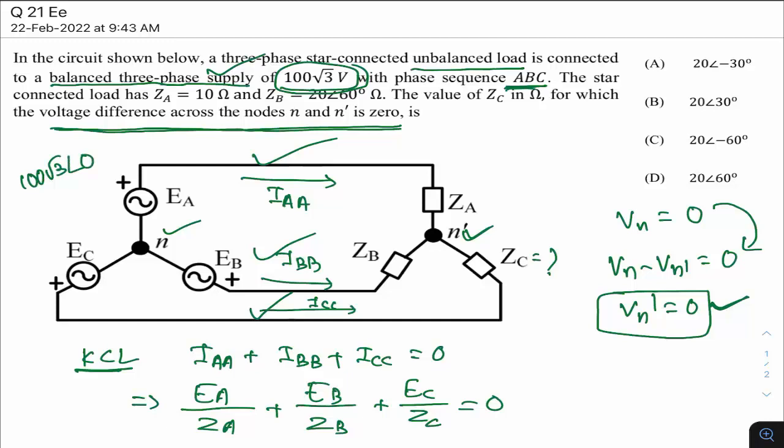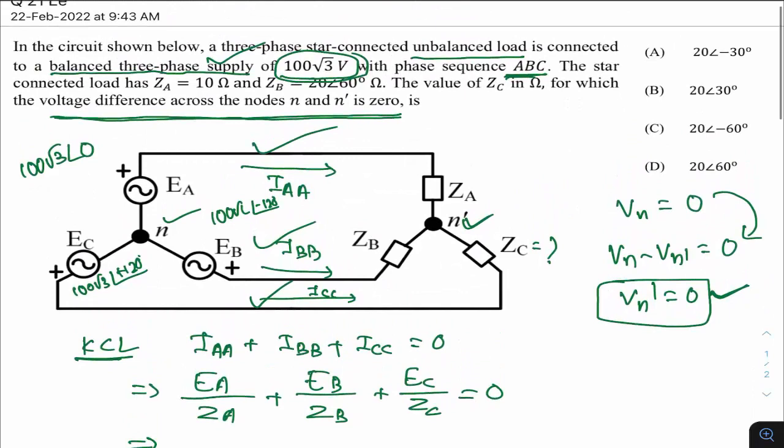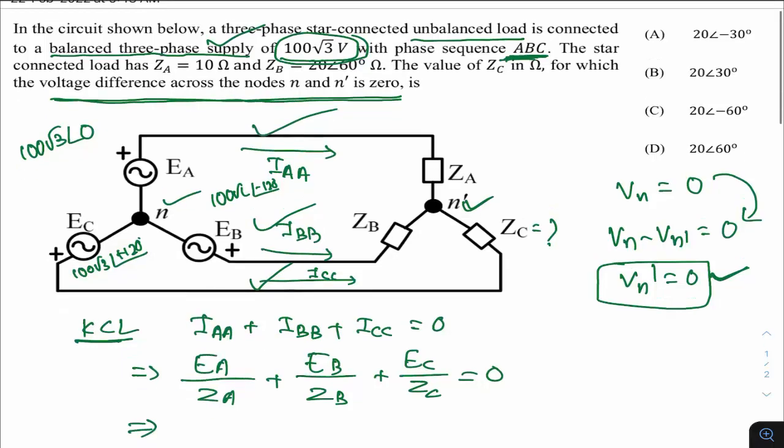If I ask you what is EB, it is 100 root 3 at an angle of minus 120 degrees, right? And what is EC? This will be 100 root 3 at an angle of minus 240, or equivalently plus 120 degrees. Both mean the same. Because the sequence is ABC or positive sequence, by default we take A as the reference whose phase is 0, and the rest are shifted by 120 degrees each.